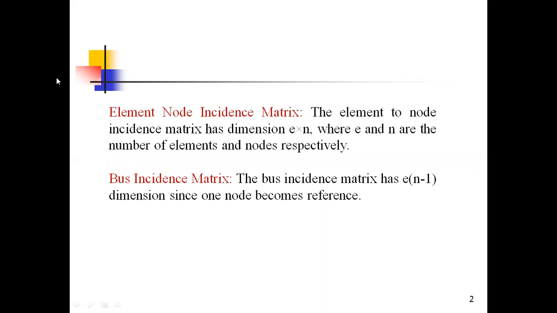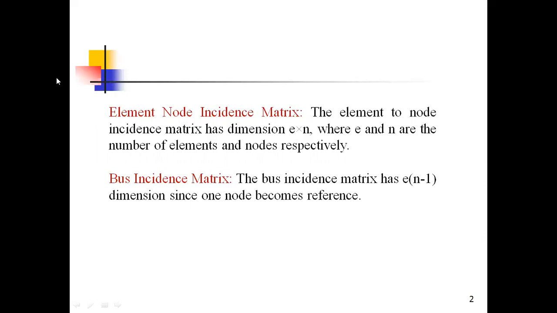First is the element node incidence matrix, that is the A augmented matrix. It has dimension E cross N, where E and N are the number of elements and nodes respectively. Second is the bus incidence matrix, that is the A matrix.